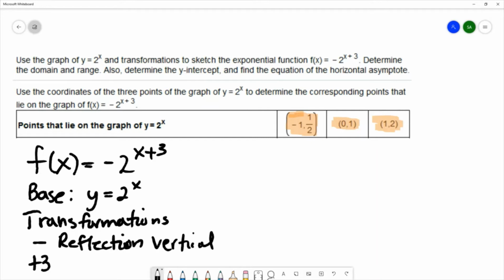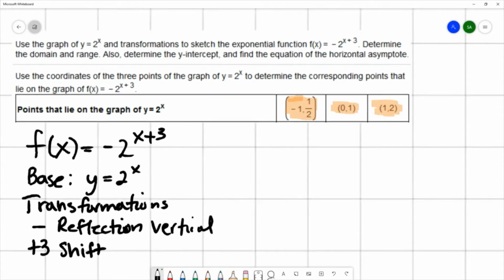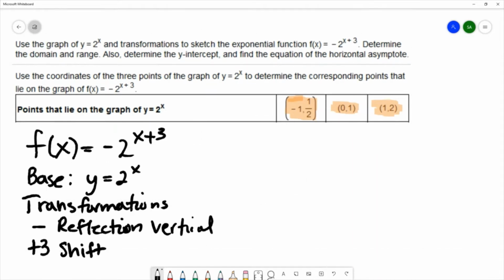The plus 3 is a shift. Anytime we have adding or subtracting, it's a shift. And because that plus 3 is in the exponent inside the base function, this is a horizontal shift. And because it's a plus, it's going to shift left 3 units.